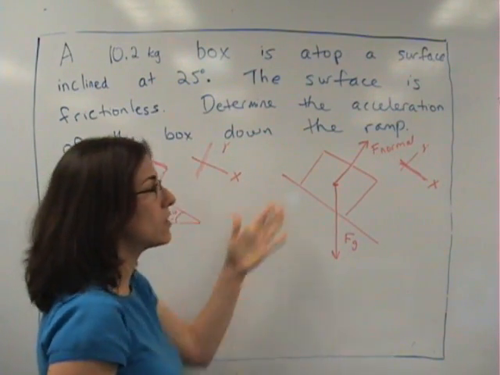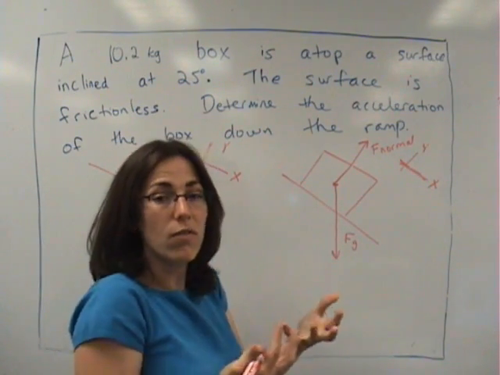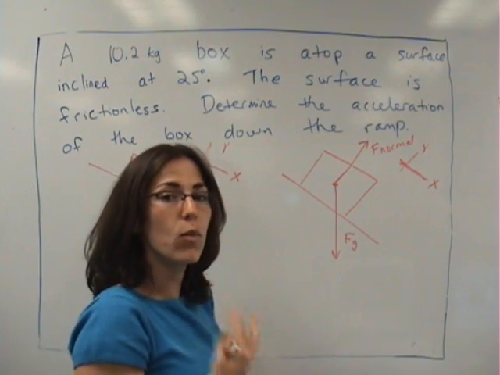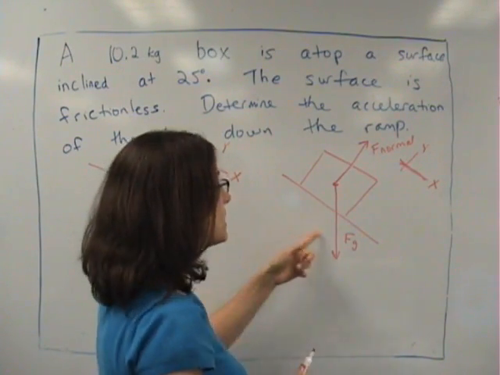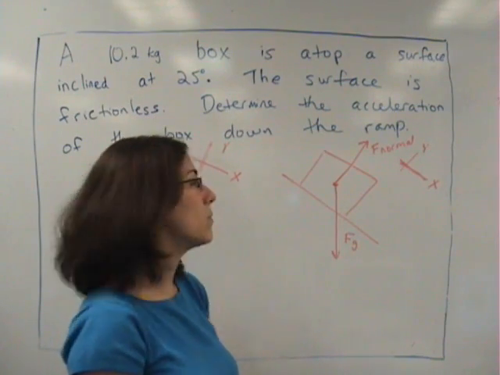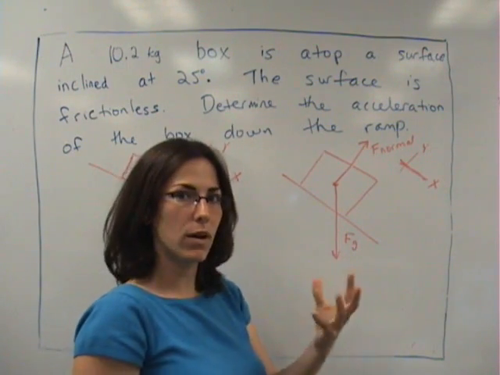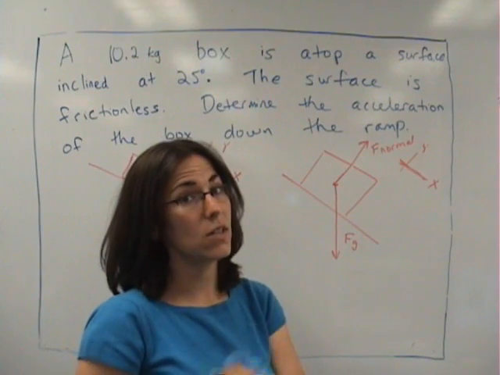You'll notice that these two forces are not in the same direction as each other. So to solve for the net force, I'm going to need to break one of the forces into components. Specifically, I need to break the force of gravity into components. If you don't remember how to do this, there's a video that specifically shows you how.